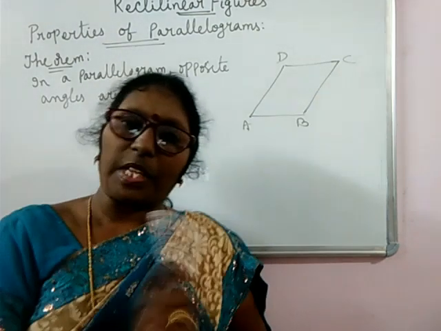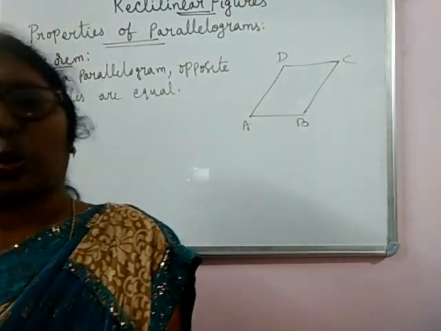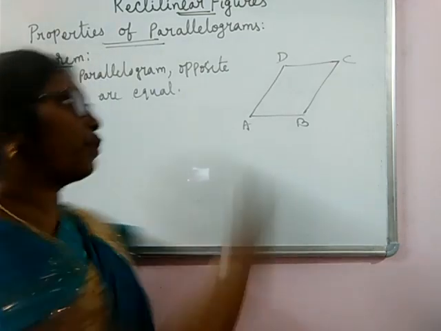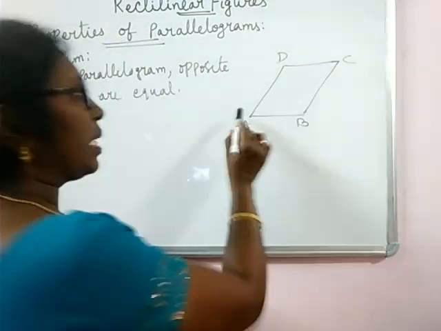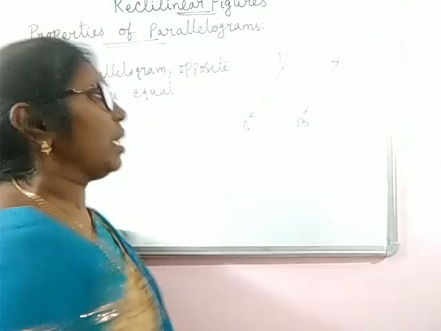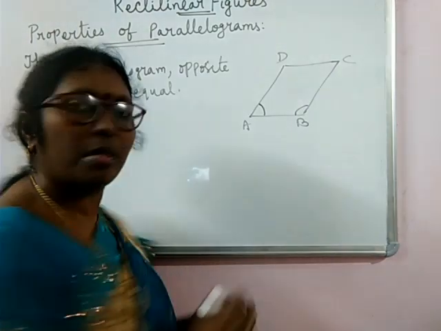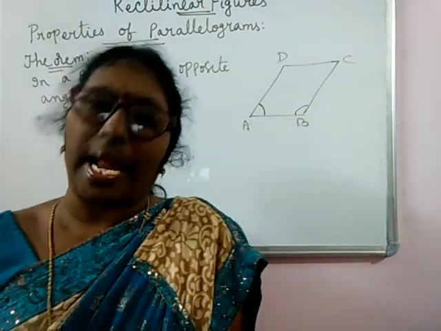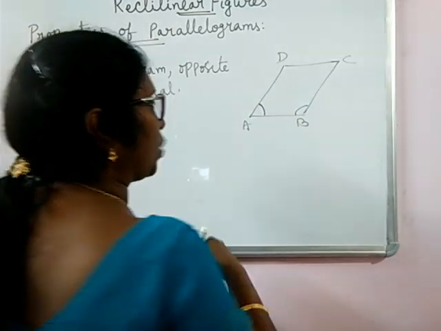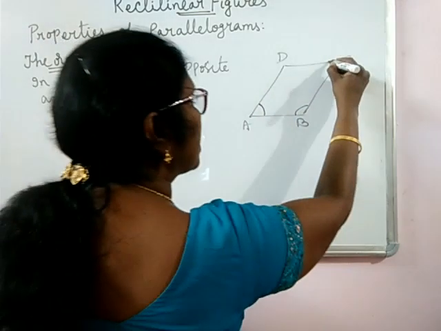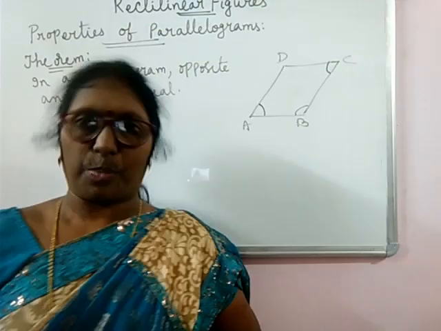Here, without drawing the diagonal, let me explain how to do. Now, AD is parallel to BC, AB is the transversal. That means sum of these two angles is 180 degree. Sum of co-interior angles is 180 degree. Similarly, AB is parallel to DC, so angle B plus angle C is also 180 degree.